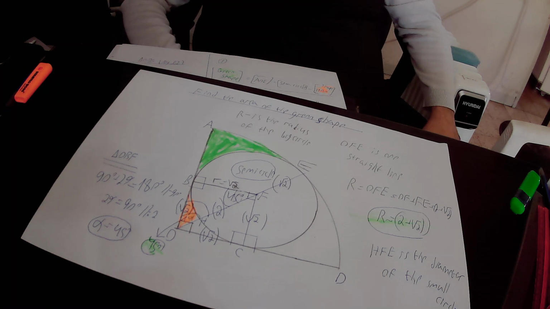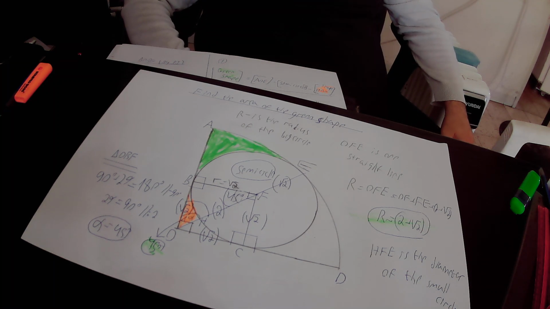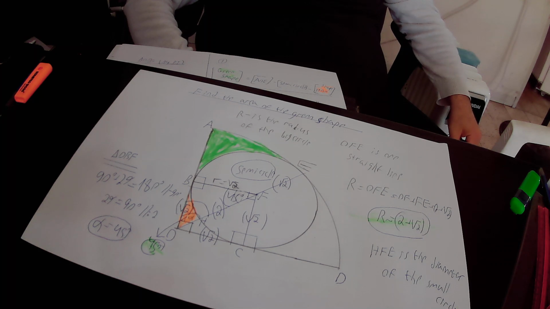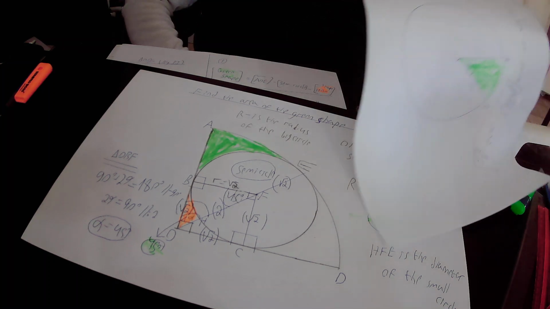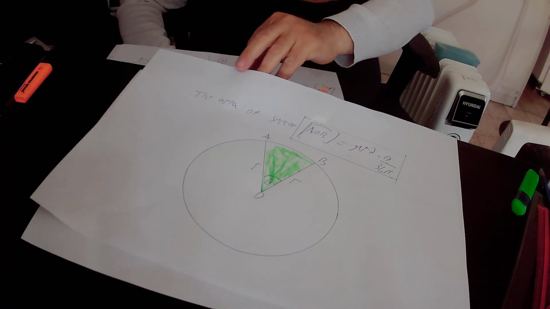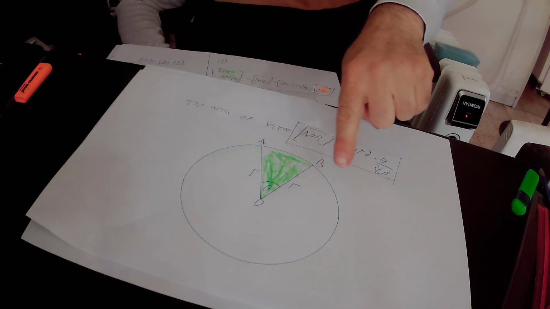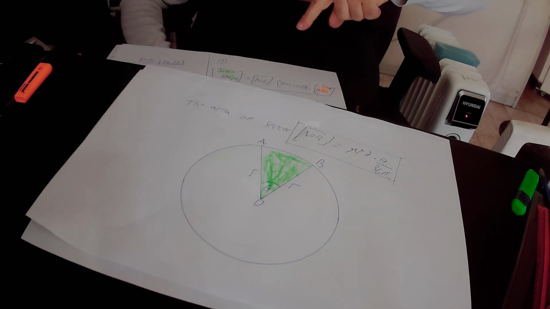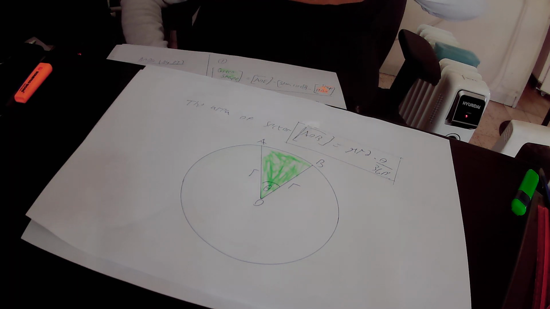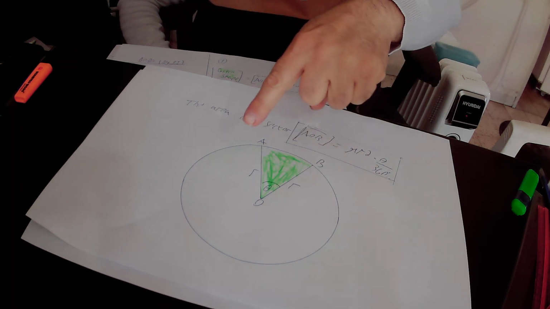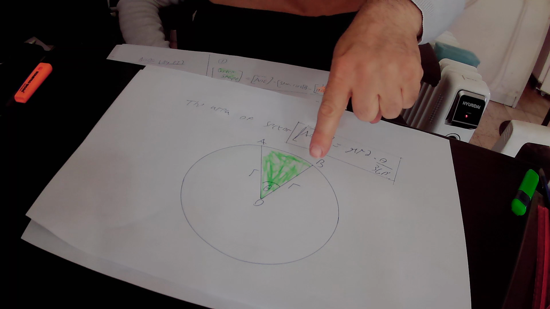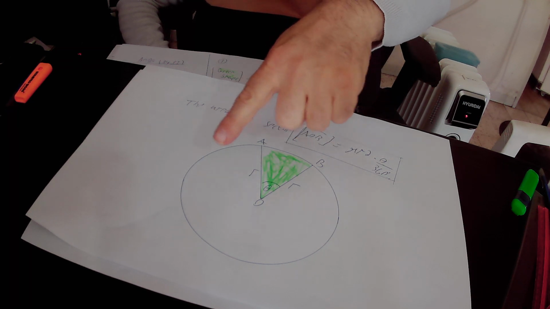Then I presented to you the notion of a sector. Here we have a circle and the green shape AOB is a sector. So a sector is part of a circle. If we look at this circle as a cake, then the sector AOB will be one slice of this cake.